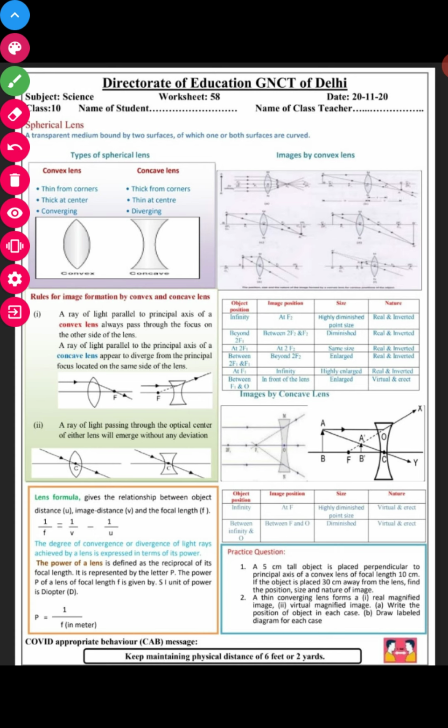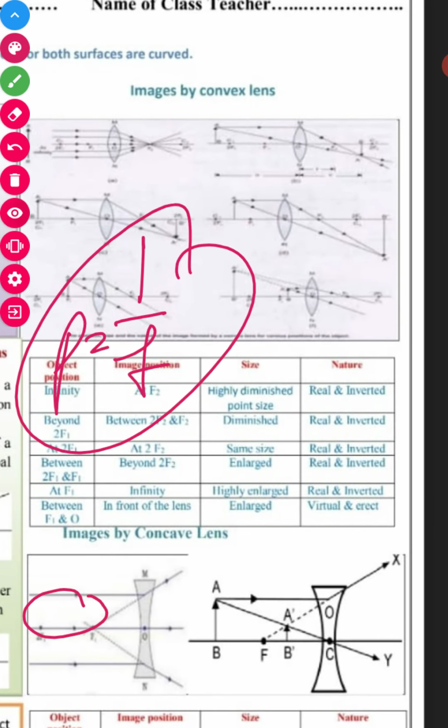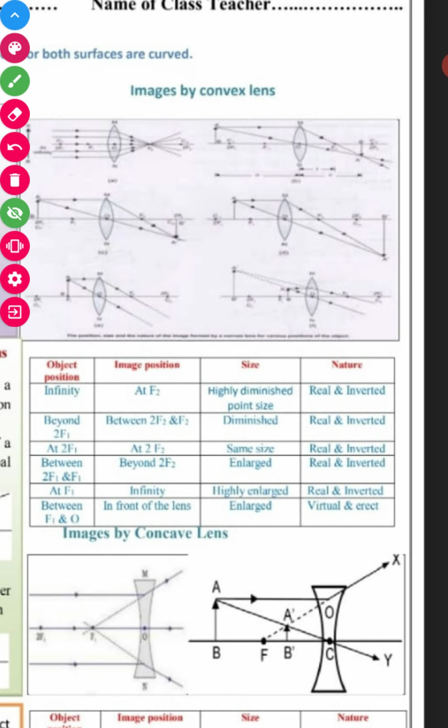Now coming to this side, we have ray diagrams made with the help of these rules. First of all, we have light rays coming from infinity. After converging at the focus, they form a point-sized, highly diminished image, which is real and inverted, and this image is at the focus.